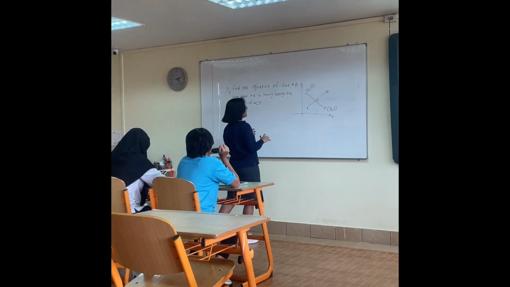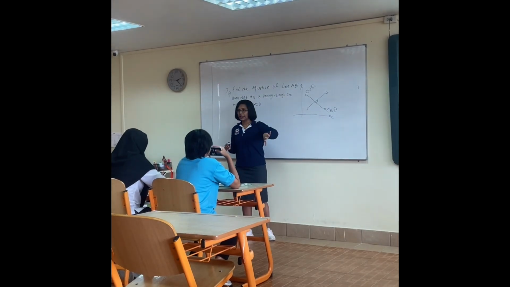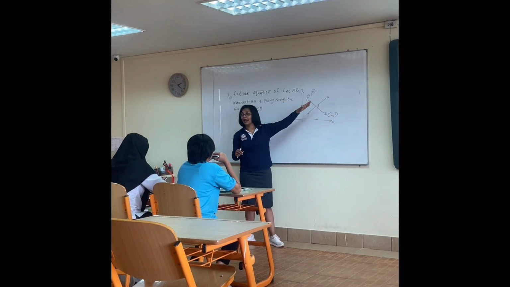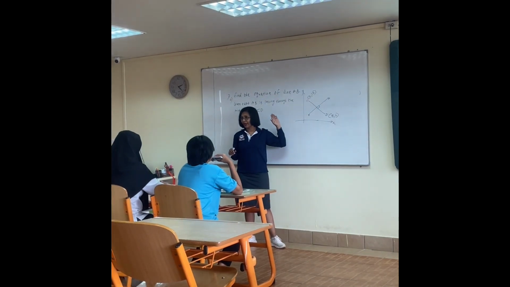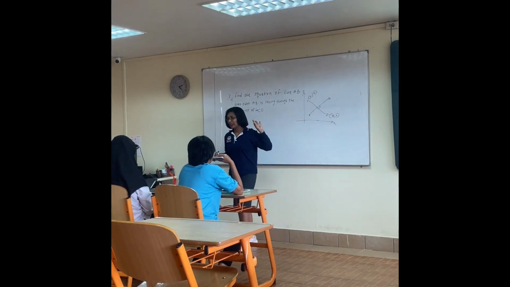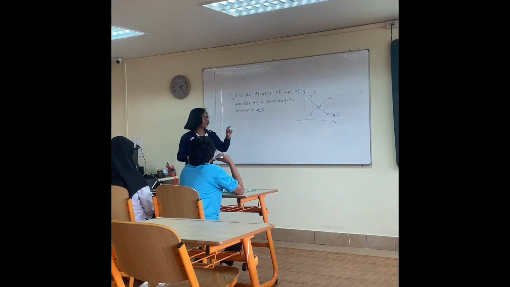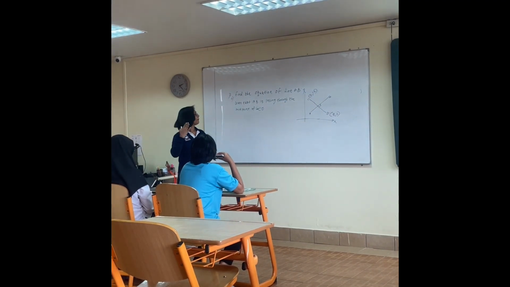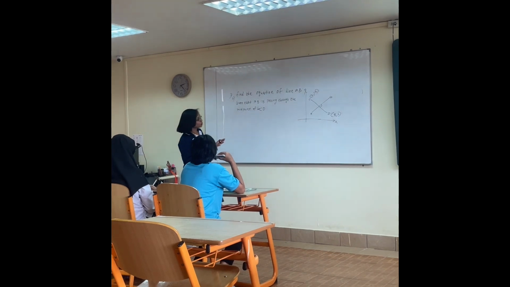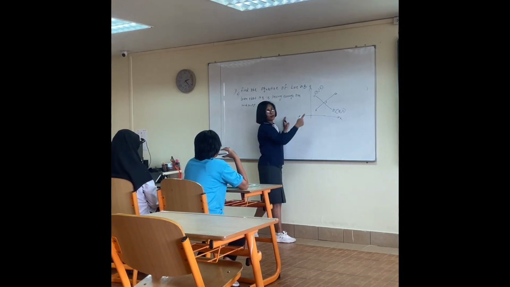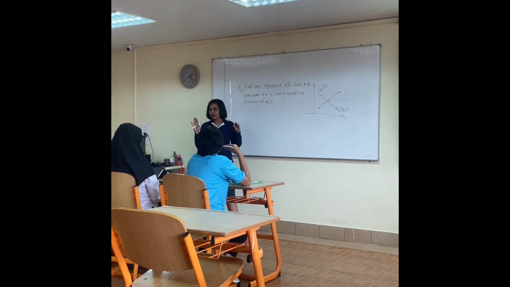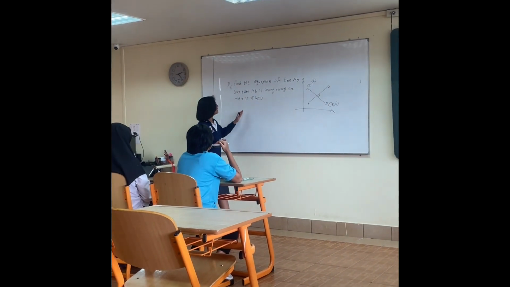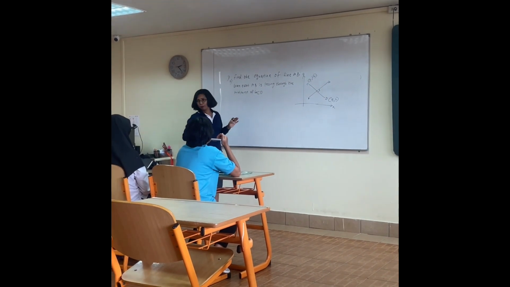Basically, instead of asking for the perpendicular bisector, they say the line is passing through the midpoint, or the middle of the line. That means it is the perpendicular bisector. And they also already give you the negative sign, so we can confirm it's the perpendicular bisector. That's the reason we are using the midpoint.